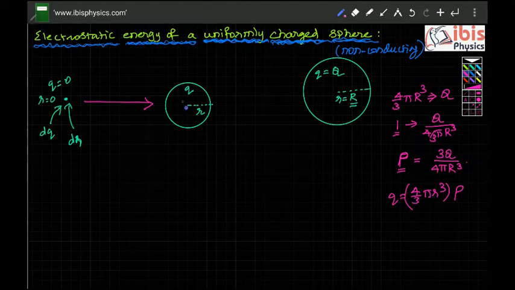As you keep on adding dq amount of charge, you are adding a small thickness dr. The next step from here is, you will be adding a small charge dq, by then its thickness will increase by a small thickness dr.